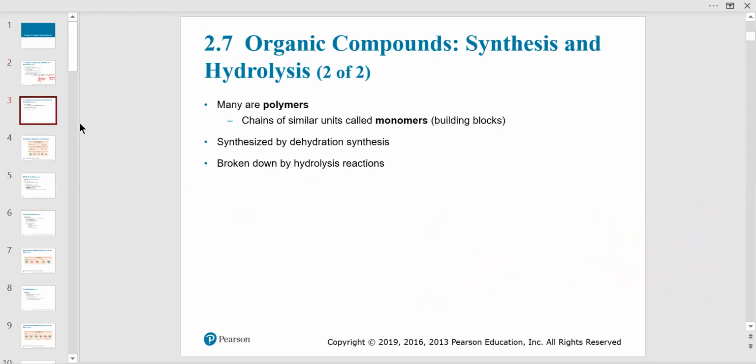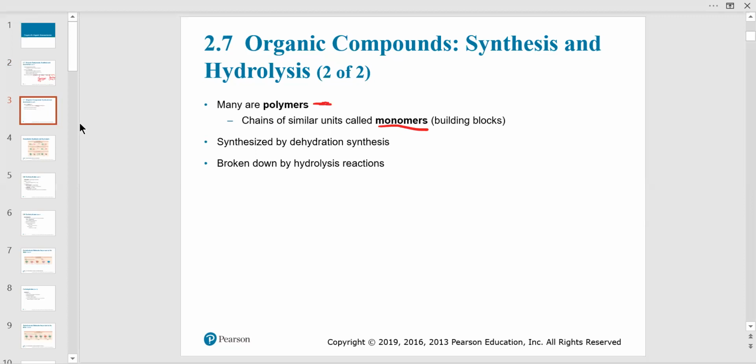So we kind of talked about what monomers were and what polymers were. A polymer is a polysaccharide or a protein or polypeptide, which polypeptide and protein are basically the same thing because they're chains of amino acids. A polymer is a triglyceride because there's 3 fatty acids in glycerol.